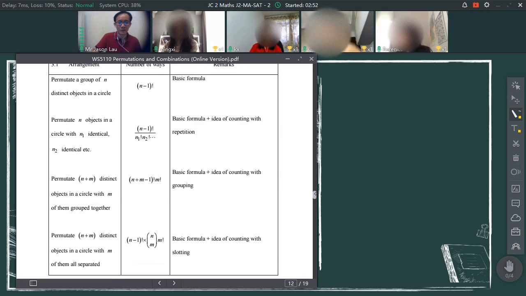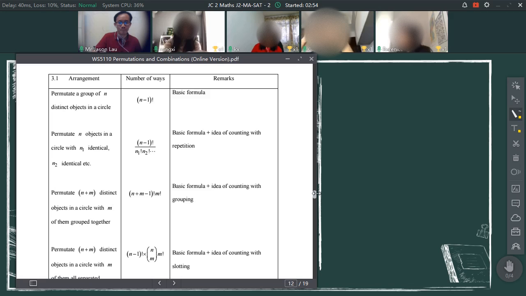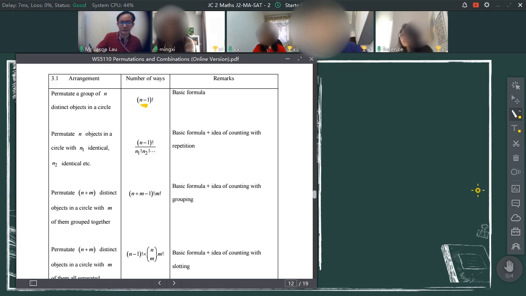So we look at this basic formula. When you write your circular permutation, you must write n-1 factorial. Try to, okay? So that you tell people you are doing a circular permutation. Then if you have identical objects, you are using the circular permutation plus the idea of repetition in the earlier part.